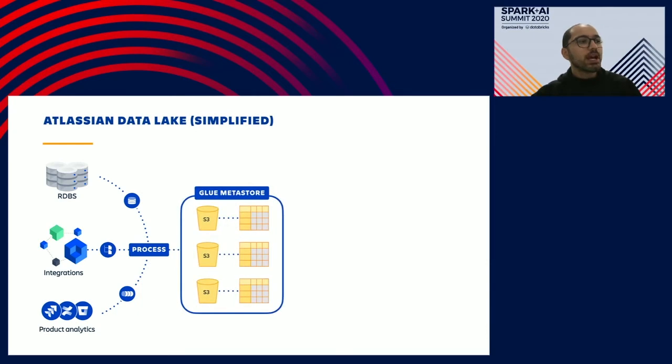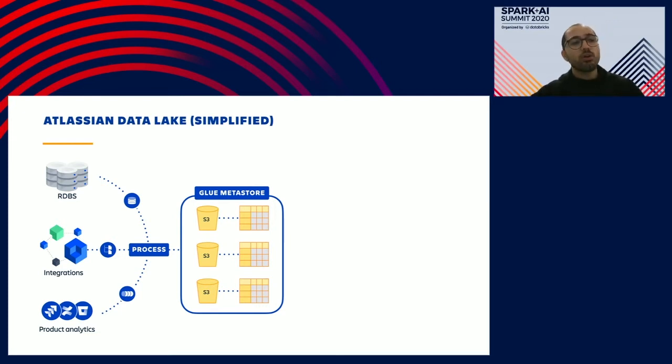More broadly, the Atlassian data lake is very heterogeneous in terms of processing and ingestion. In addition to product analytics, we also have several other data sources like internal databases and system integrations. The data can flow as a stream, as batch, via AWS Kinesis, Kafka, and other technologies as well.